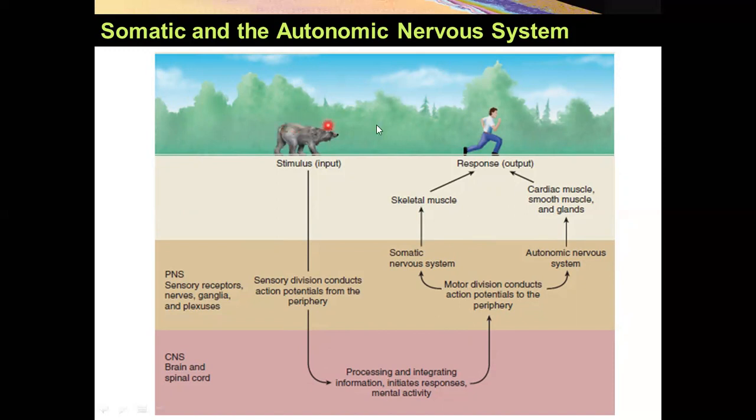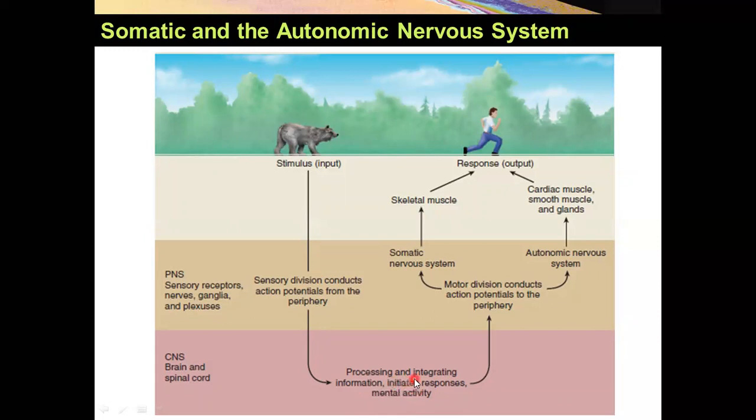In the picture, a man receives stimuli, and those stimuli are conducted through the sensory division of the nervous system, and the action potentials reach the brain, the central nervous system, the cerebral cortex. The cerebral cortex, or the brain, processes and integrates information, then initiates responses and also mental activity.